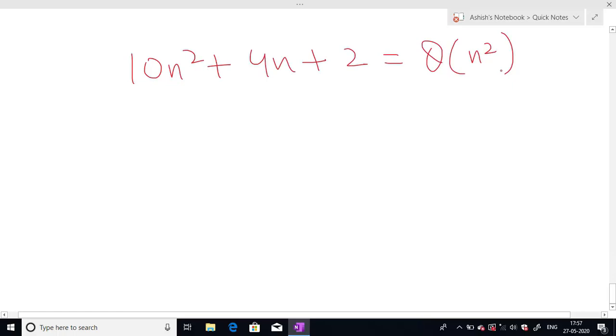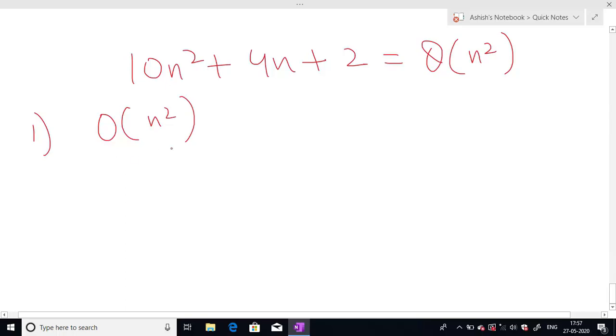Then we can say that our function f(n) is theta of g(n). For example, we have to prove that function f(n) = 10n square plus 4n plus 2 is equal to theta of n square. So first we will prove that it is big O of n square.